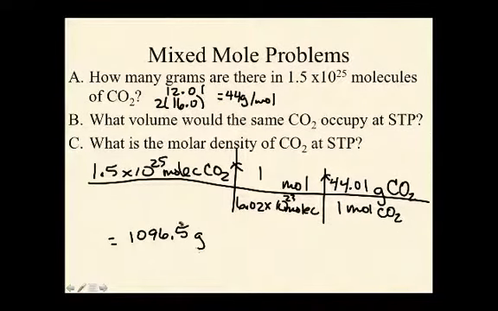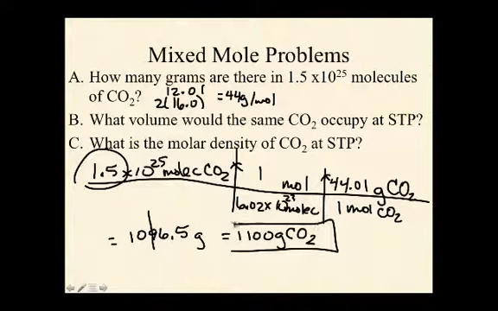And I only get to keep 2 sig figs here. So I have to look after my second digit and see how to round this. That would be 1100 grams of CO2. Wow, that's a lot. That's like 1.1 kilograms of CO2. So then part A is solved.